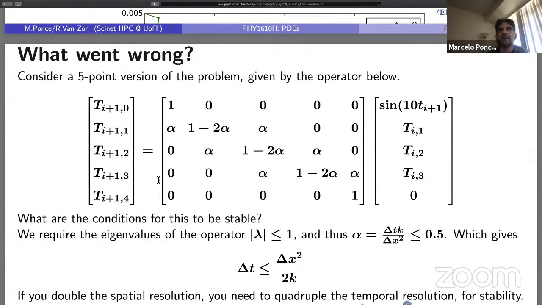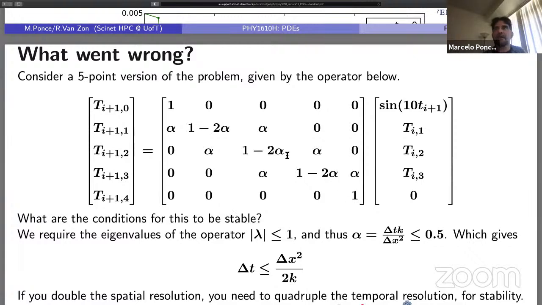And one thing that matrices are well known for representing in dynamic systems is that they can tell you about the stability of the system. So if we do the exercise of computing the eigenvalues of this matrix that governs the dynamics of the system, what you will see is that this eigenvalue is easy to compute because it's a sort of diagonal matrix, and it will depend on alpha.